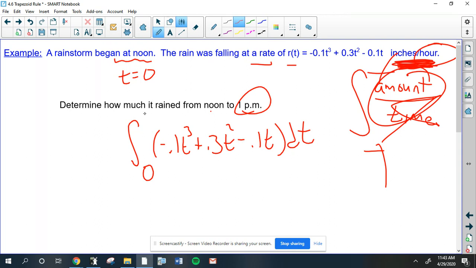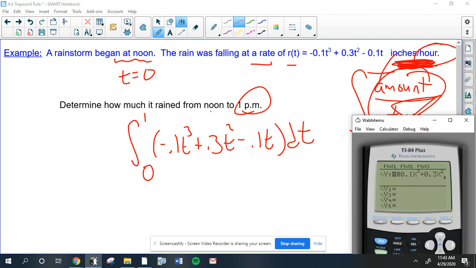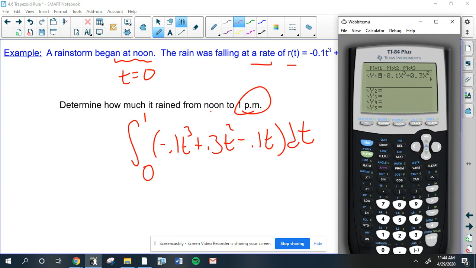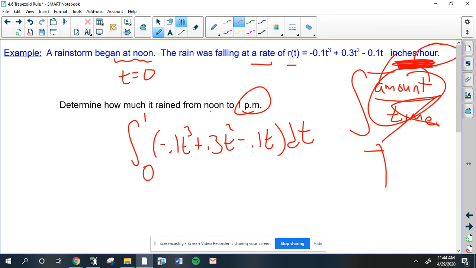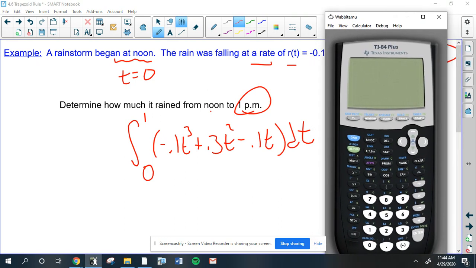So that would be t equals 1. And that's it. That will give you the total amount of rainfall. Don't bother doing these by hand. Do them with a graphing calculator, because the point isn't to show me that you can integrate. The point is that you understand what this integration does. And if you don't have a graphing calculator, you can use Wolfram Alpha.